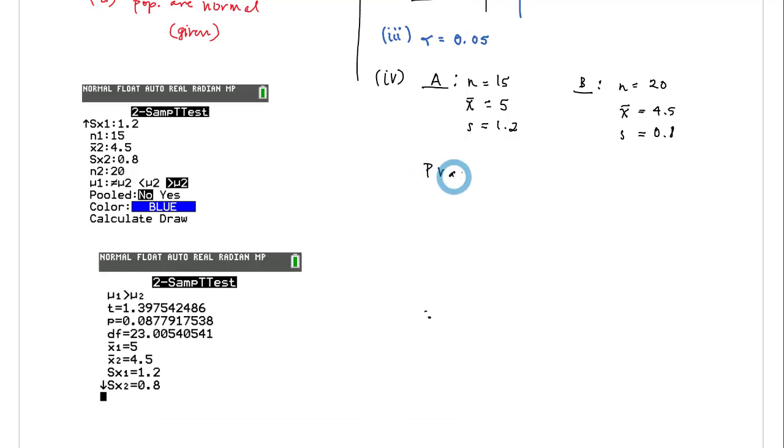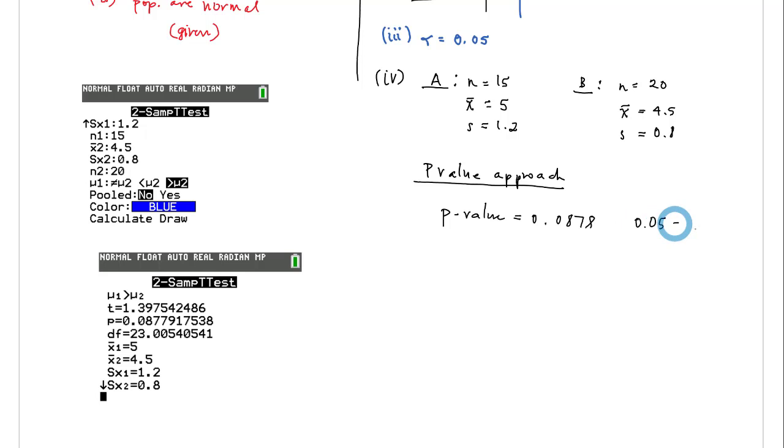All right. Okay, so let's write down that we use the p-value approach, and we see that the p-value is 0.0878.